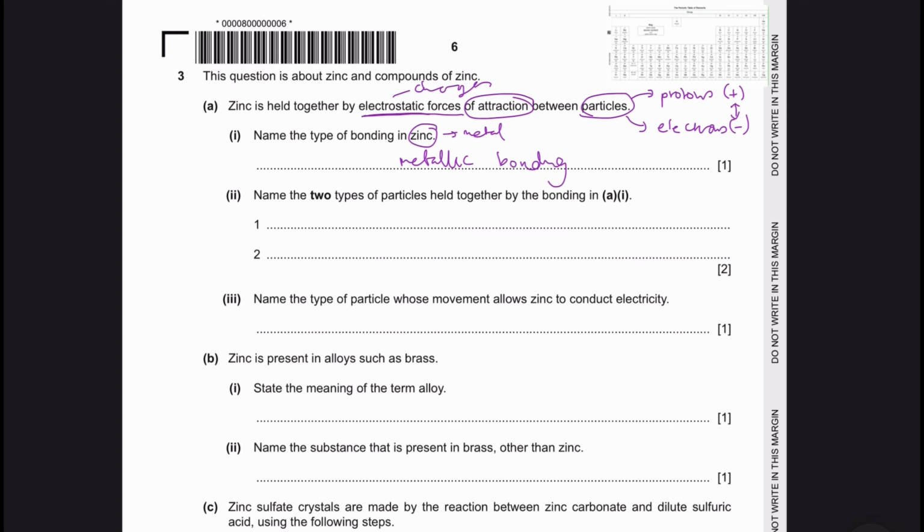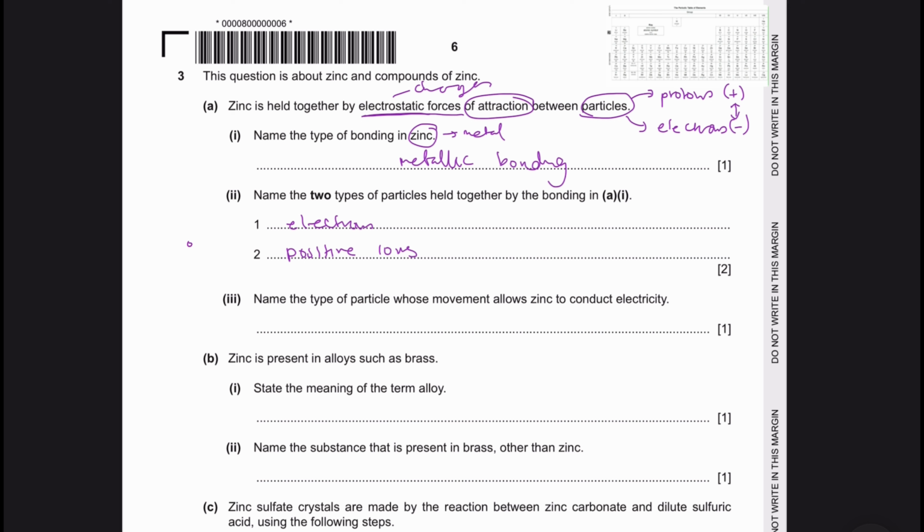On to part 2. Name the two types of particles held together by the bonding in zinc. We're talking about electrons, and the nucleus is made of protons, but those protons make up positive ions. That's what we need to write here. Because of course, in the nucleus, there is not just protons, there are also neutrons.